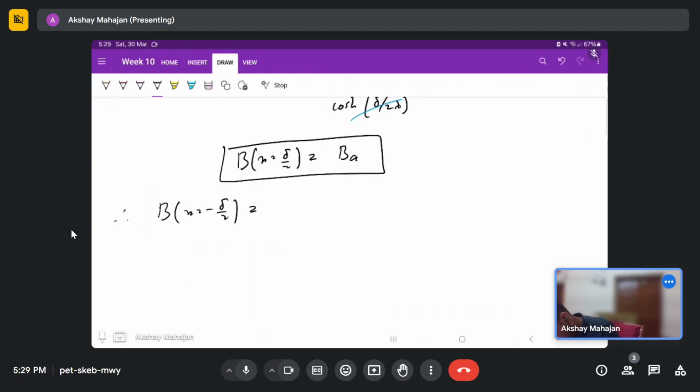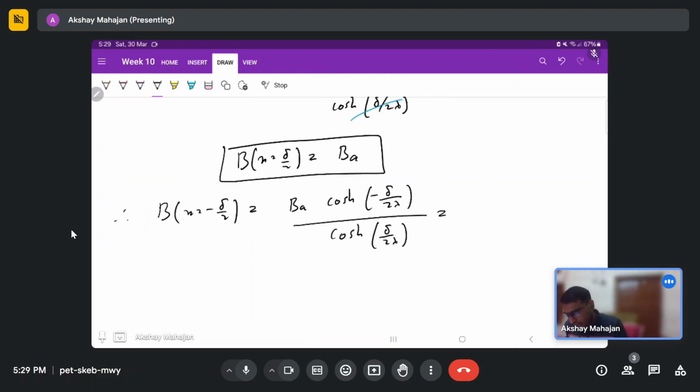So that will be equal to Ba times cosh(-δ/2λ) upon cosh(δ/2λ). Now cosh(-x) is basically cosh(x).